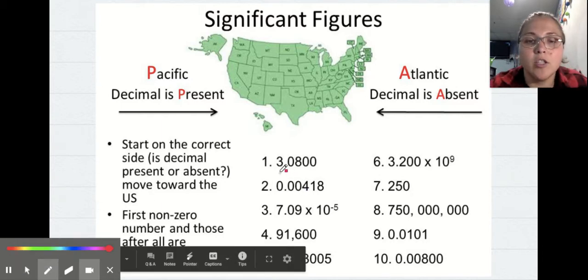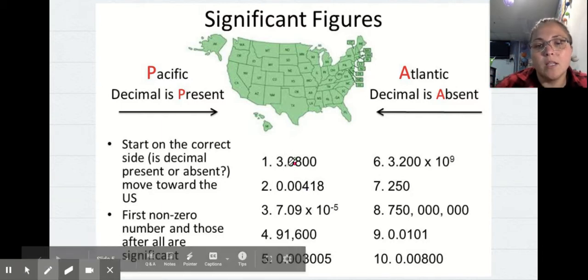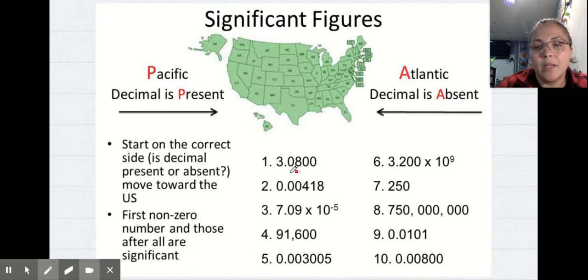So this first number, number 1, the decimal is absent or present? Well, there's a decimal, so the decimal is present. We're going to start on the left side of the number, and we're going to start counting at the first number that's not a 0. Well, our number is 3.0800. If I start on the left side of this number and start counting at the first number that's not a 0, well, that will be this first number.